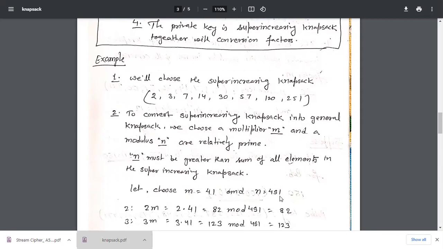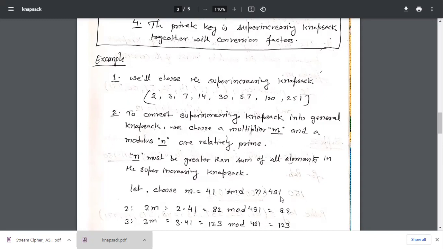It can be any value, but we need to consider that the sum of these values must be less than n, and that n and m must be relatively prime or co-prime. Okay, so I choose m equal to 41 and n equal to 491.